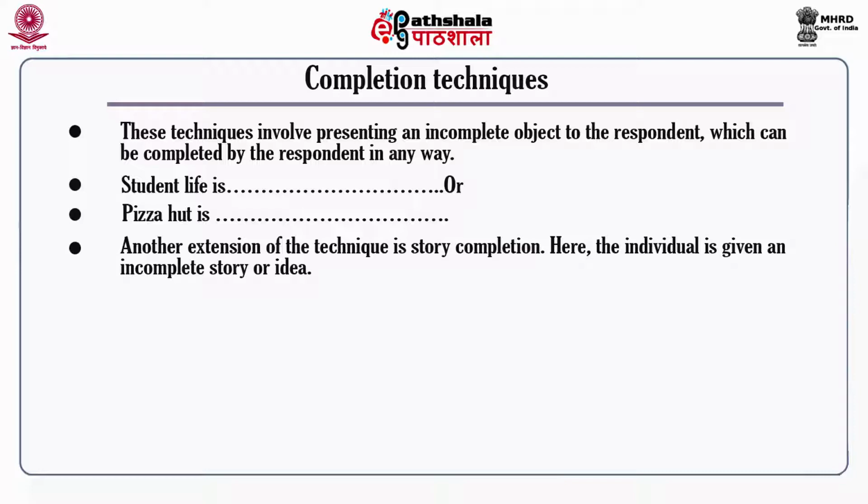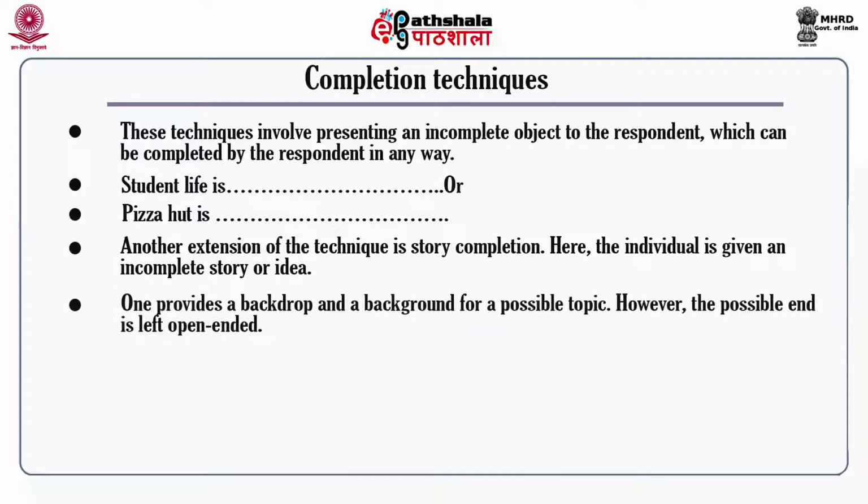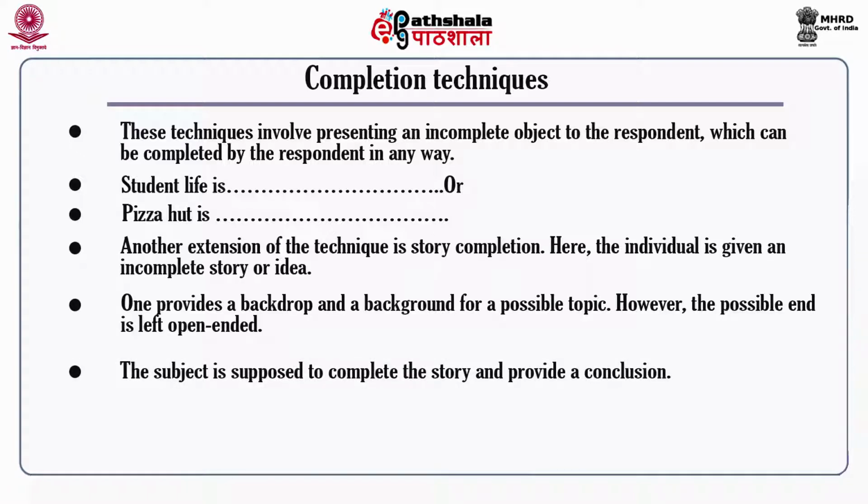Here the individual is given an incomplete story or idea. One provides a backdrop and a background for a possible topic. However, the possible end is left open-ended. The subject is supposed to complete the story and provide a conclusion.